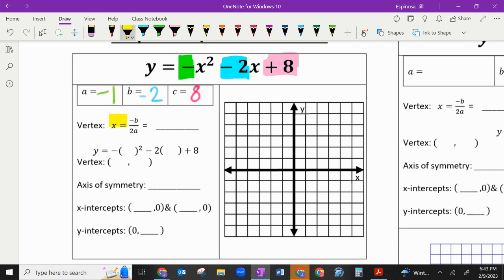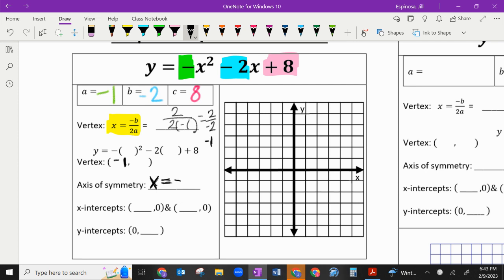So to find my vertex right here, I'm going to do the opposite of my B. The opposite of negative 2 is a positive 2 over 2 times my A, which is a negative 1. 2 over negative 2 equals a negative 1. So that is the first part of my vertex. The x equals a negative 1, and we know our axis of symmetry equals negative 1.